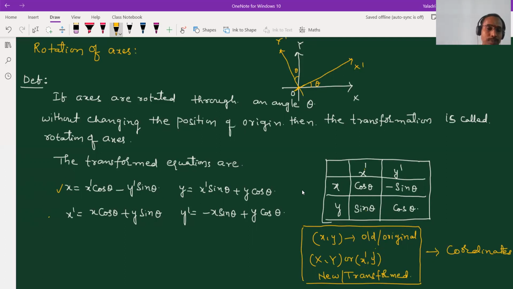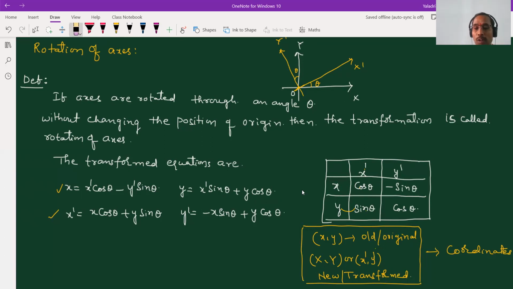Now similarly, the second one. To write the x dash, you should follow the columns. So x multiplied with cos theta, y multiplied with sin theta. After multiplication, you should add them. So x dash is equal to x cos theta plus y sin theta.